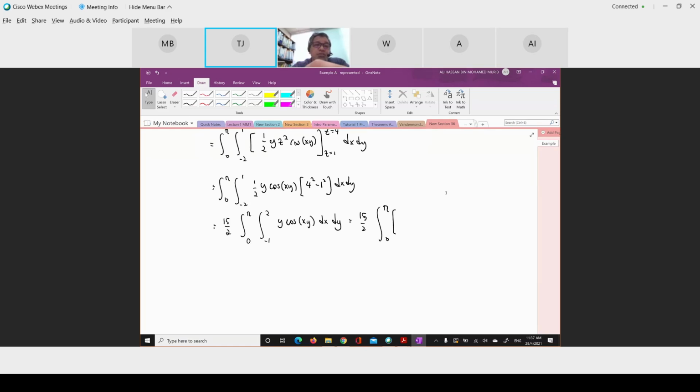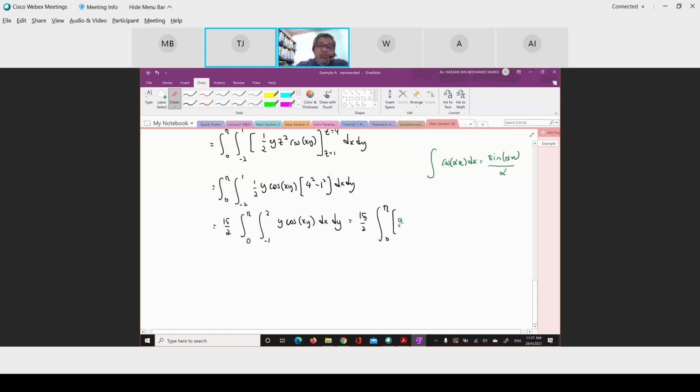If I integrate cosine alpha x dx, what is that? Sine alpha x over alpha, right? Okay, so now alpha is y. So the result is sine xy.